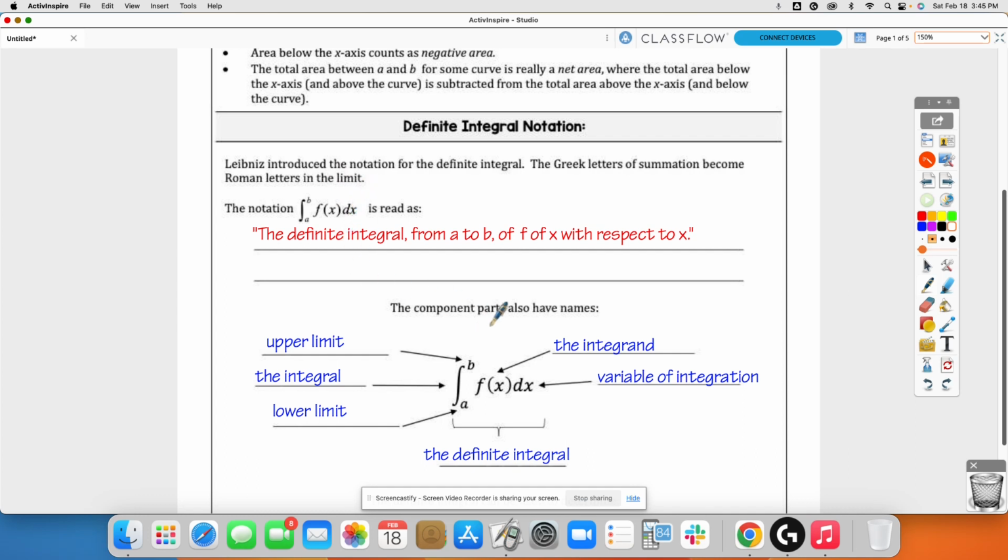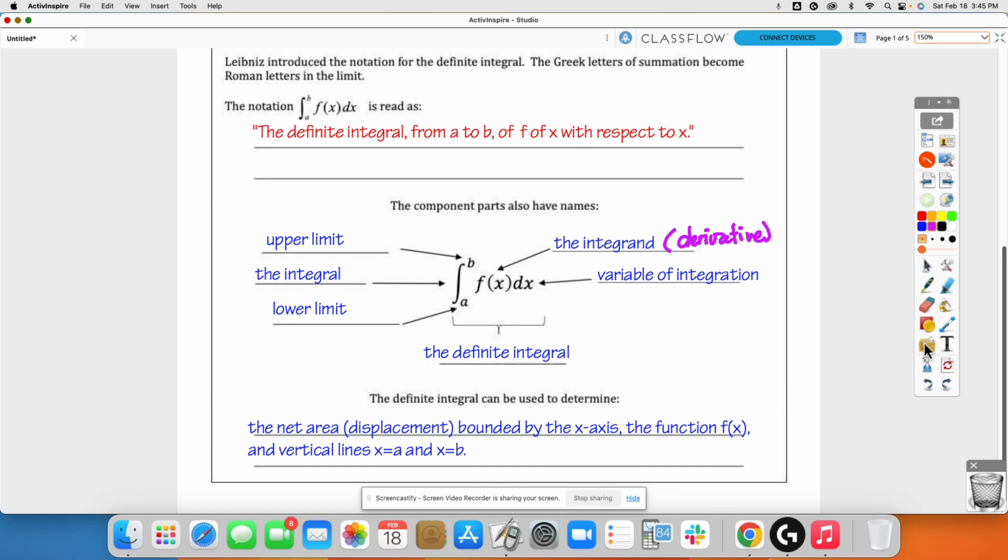And these are the components: the upper limit is b, the lower limit is a, you have the integral sign, and the function we're given is the integrand. The variable of integration here is x. And this whole thing is the definite integral.